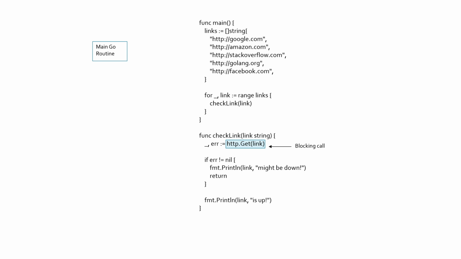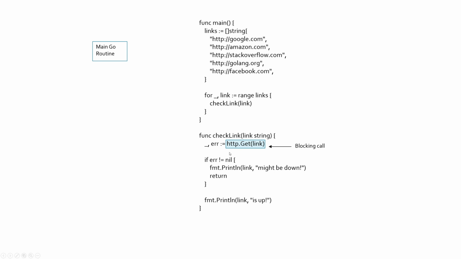And each iteration calls the checklink function that we have defined here. So when it calls the checklink function, it goes here, because this is where we have the function defined.